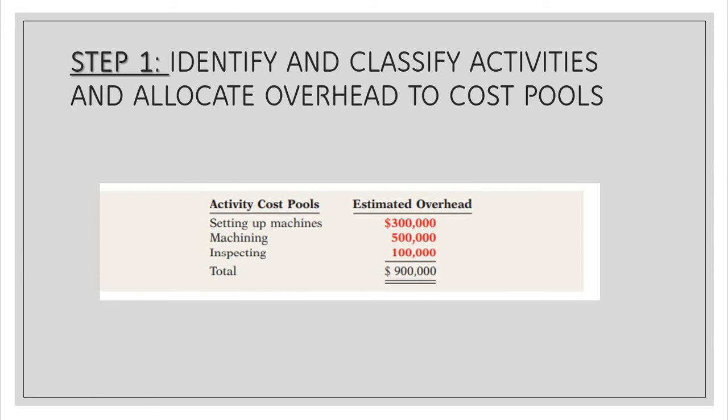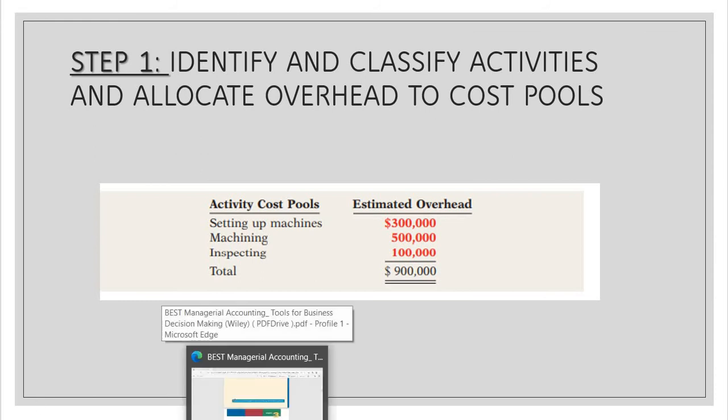Okay, so the company, Atlas Company, identified 3 activity cost pools: setting up, machining, and inspecting. So yan yung activity cost pool natin ha, from products consumes activities. So these are the activities. Okay, yung pool of activities natin.